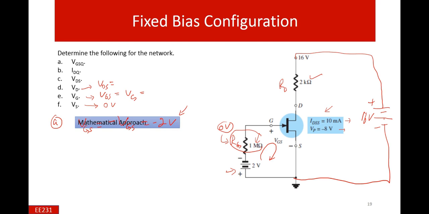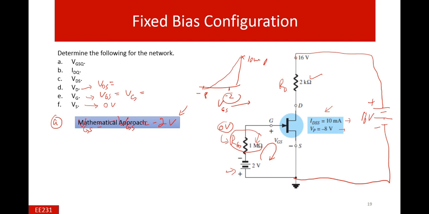So if there is a load line, and this is the maximum current, 10 milliampere, and this is -8 volt, this is the behavior of the device, and we are operating here at -2 volt. This is the VGS axis.